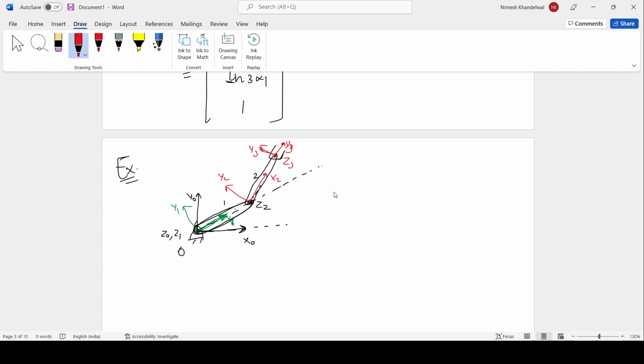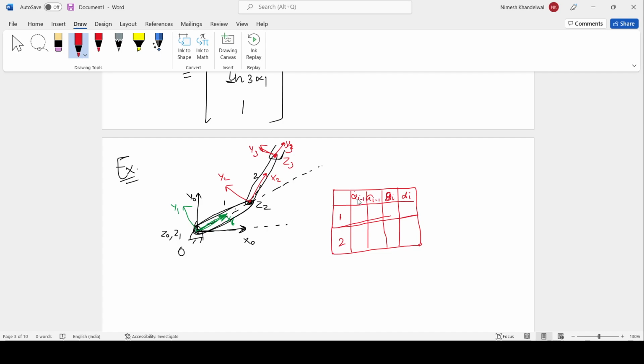If you try to make a DH table for this particular system, this 2R manipulator, we have alpha i minus 1, a i minus 1, theta i, and d i, and then we have link 1 and link 2.